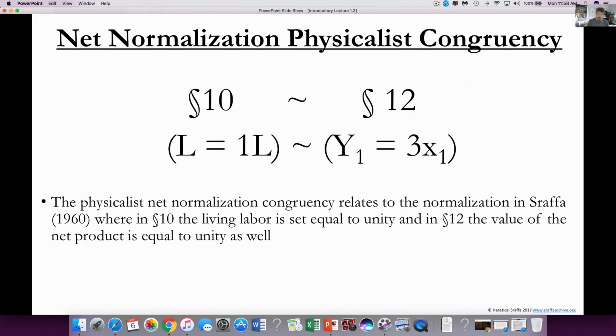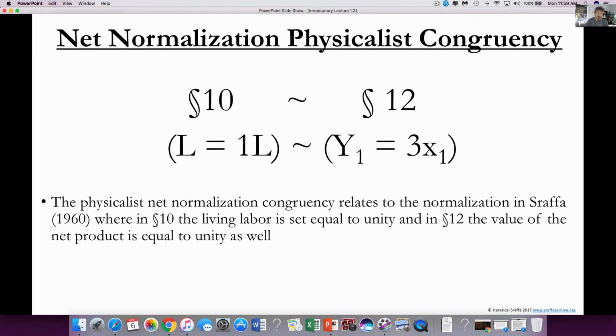So the congruency argues that there's a congruent relationship between the quantity of living labor added and the quantity of net output produced. That's going to be related to the equality that Sraffa gives in Production of Commodities by Means of Commodities, where in section 10, he normalizes the quantity of labor for the entire industry.